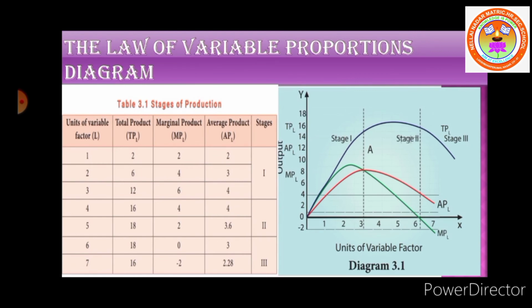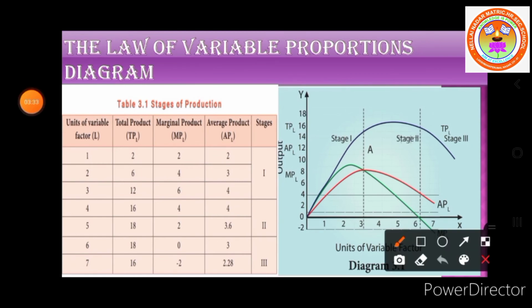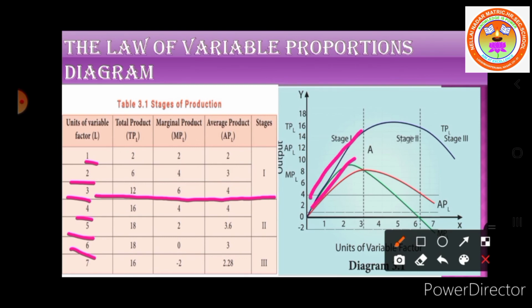Here is the table, with the variable factor 1, 2, 3, 4, 5, 6, 7. Up to 3 variable factors is stage 1. Total product, marginal product and average product, all the curves are increasing at an increasing rate.